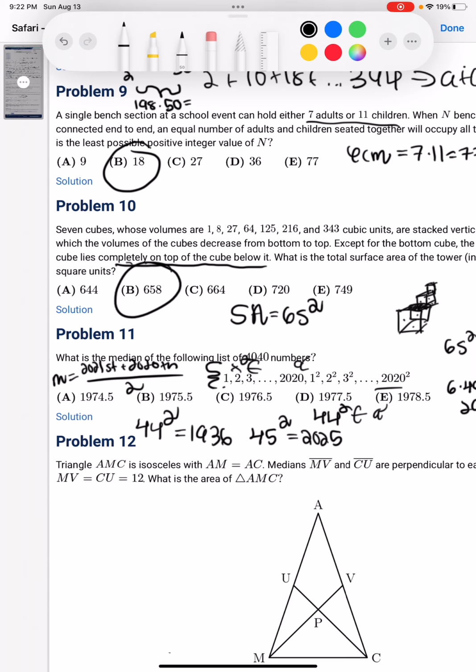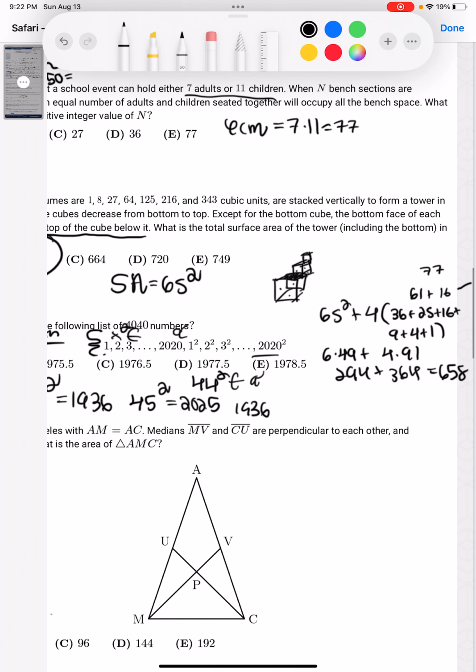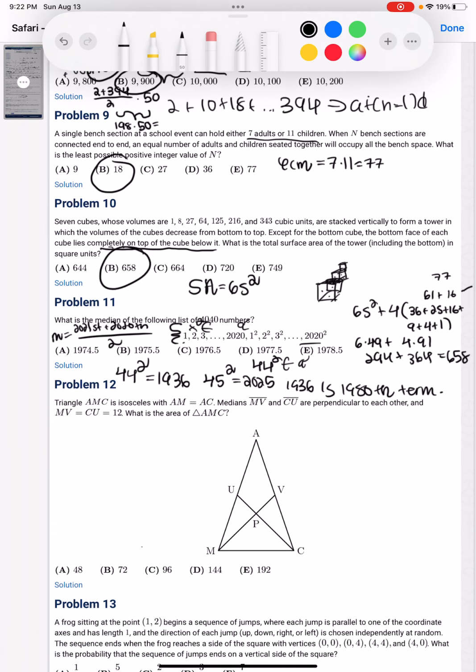We also know that 1936 plus 44 is the 1980th term. Because we have no more perfect squares, we just add 40 to get that the 2020th term is 1976 and the 2021st term is 1977.